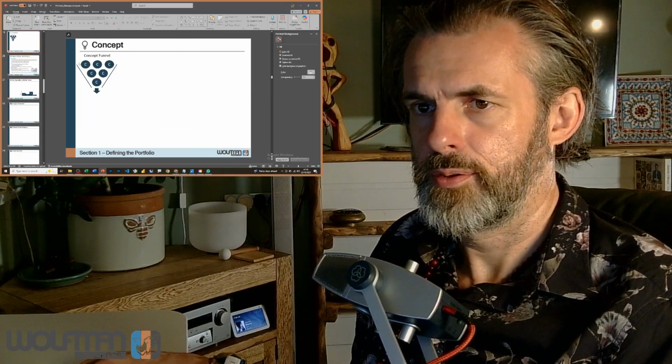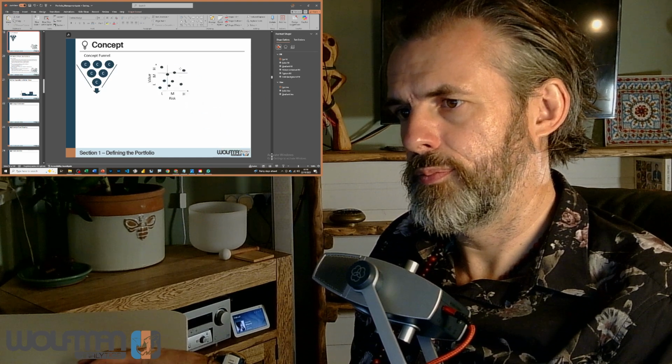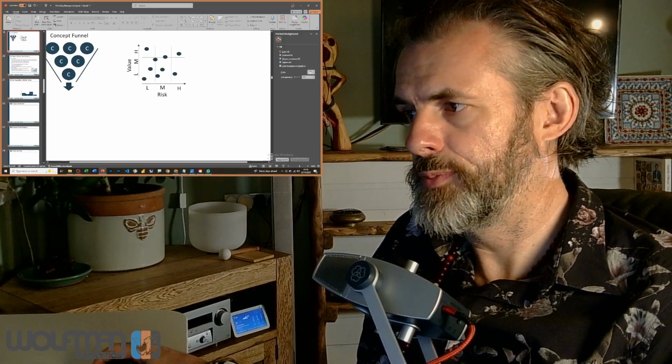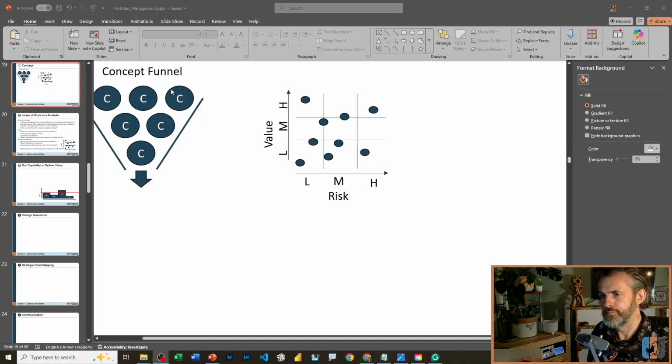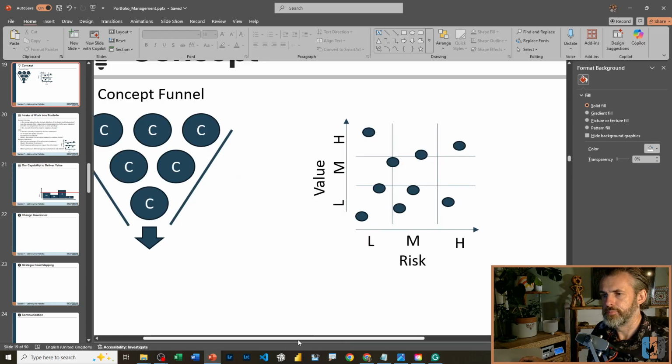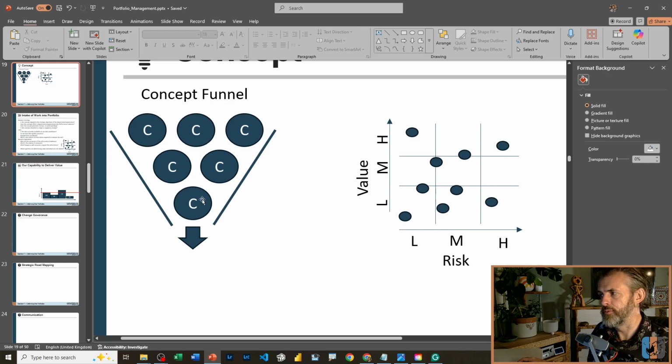So we want to turn this concept funnel from these unorganized balls into something that's more structured and allows us to make a more informed decision about what we're intaking into the portfolio. So that's the end game here with this intake process.